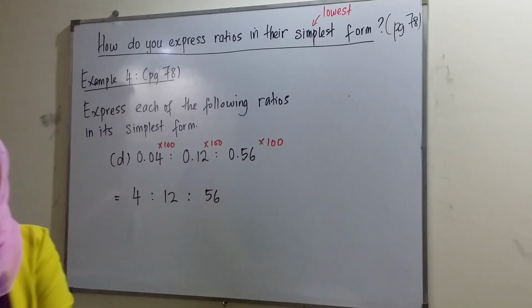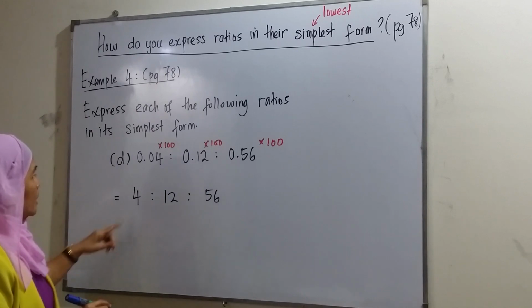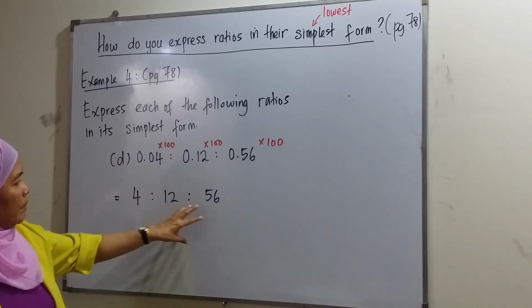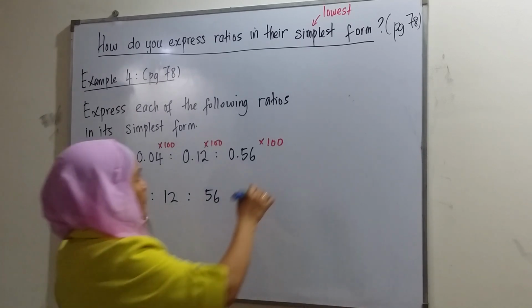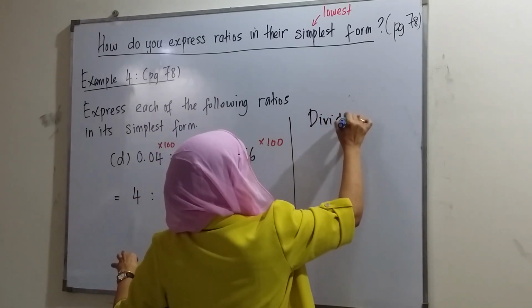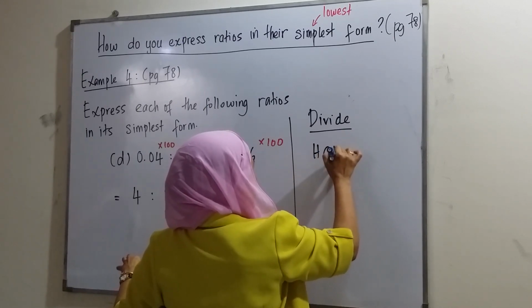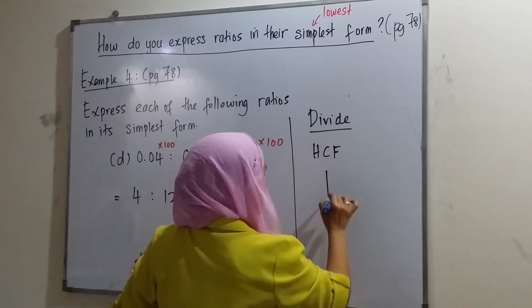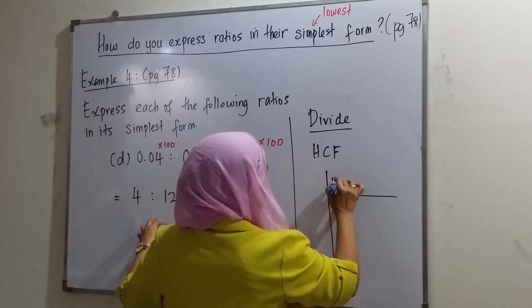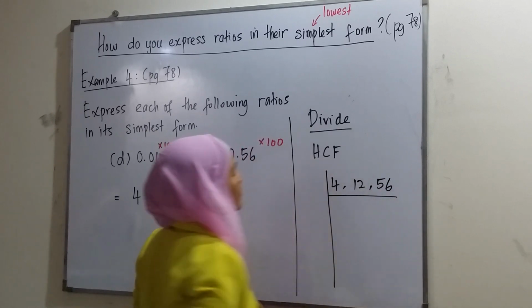You can use calculator if you cannot calculate manually. Okay, this is a big number, so we have to divide. When divide, we have to find the highest common factor for 4, 12, 56.